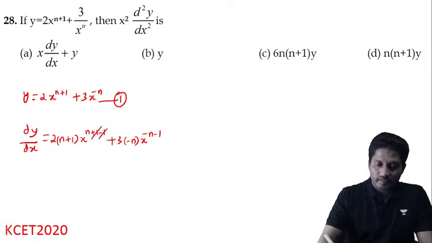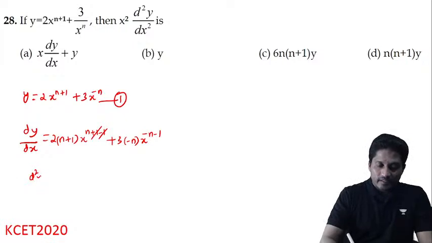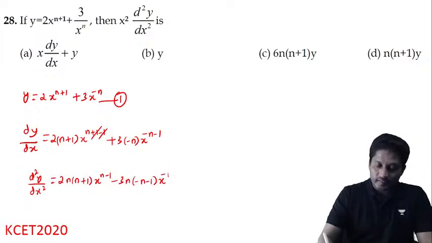This will cancel anyways. If I differentiate once again, d square y upon dx square is equal to 2n into n plus 1 x to the power of n minus 1 minus 3n into minus n minus 1 x to the power of minus n minus 2.